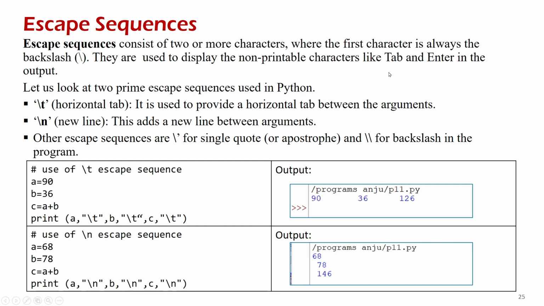So when you press tab from the keyboard, it moves some 5 to 8 characters ahead and then starts typing. And when you press enter, the rest of the text moves to the next line. Or when you press enter in a paragraph, it allows you to type the text in the next line.